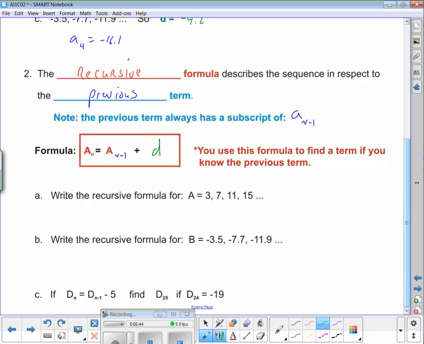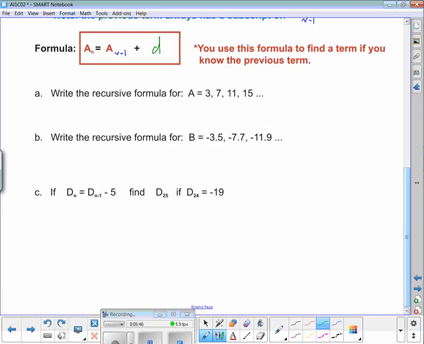All right, A. Write the recursive formula for 3, 7, 11, 15, dots. All right, this is pretty easy. Here's how it's going to start. A sub n equals A sub n minus 1. Now all I've got to do is finish it.